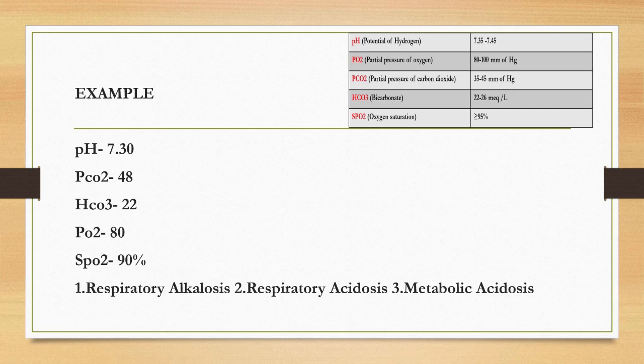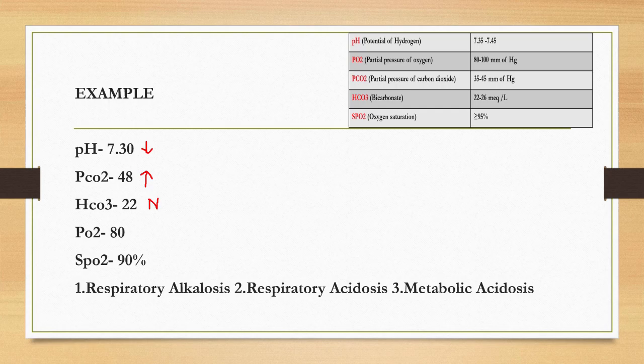The pH normal value is 7.35 to 7.45. So here the pH value is less. And PCO2, the normal value is 35 to 45 millimeter of mercury. And here it is high. And the bicarbonate level, the normal value is 22 to 26. So here the bicarbonate value is normal.